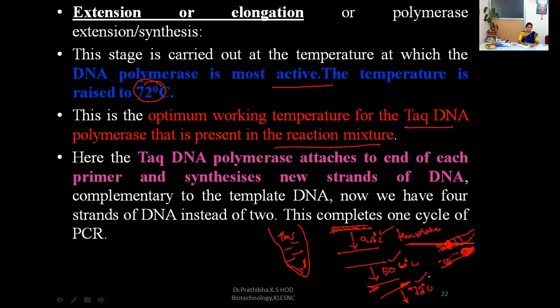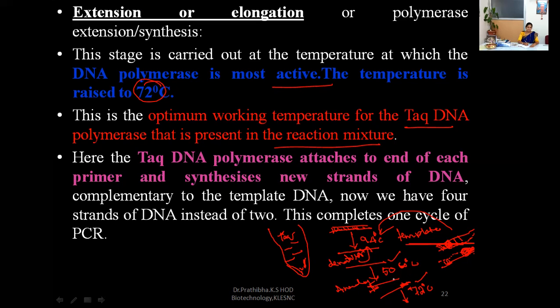Then the same cycle repeats. This double-stranded DNA molecule again goes through the separation of the DNA strands, which is known as denaturation, happening at 94 degrees Celsius. After denaturation, we reduce the temperature to 50 to 60 degrees Celsius, and we call this annealing of the primer.